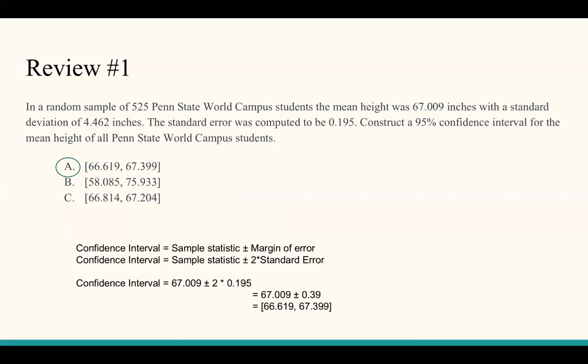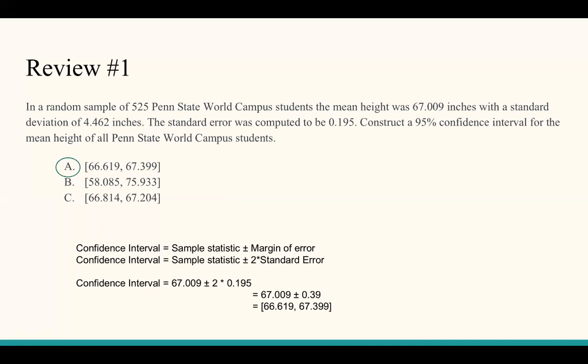So once we plug in our numbers, we plug in our sample statistic, which is the mean height of 67.009 inches. Then we add that to 2, which we use here as our multiplier since we're using a 95% confidence interval, multiplied by our standard error.